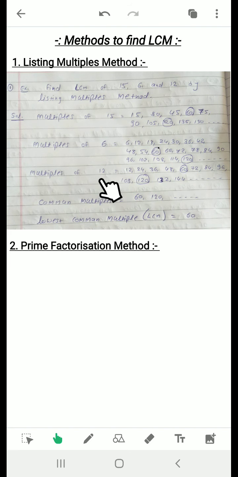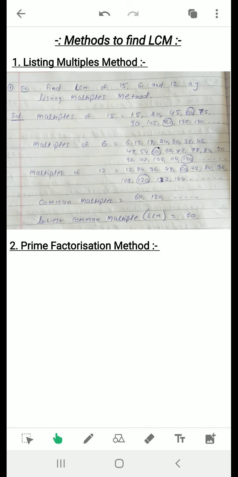And the multiples of 12 are 12, 24, 36, 48, 60, 72, 84, 96, 108, 120, 132, 144, 156, then 168, and like that it will also go on. So I have written some multiples of each number. We need to write at least some multiples of each.